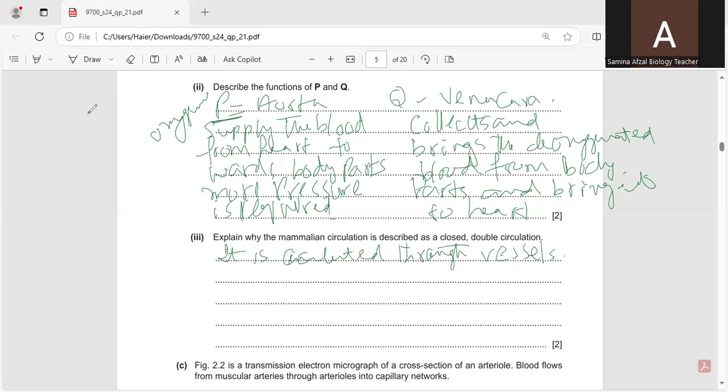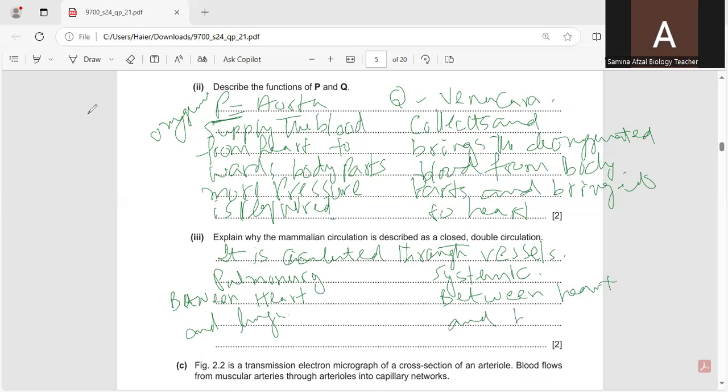So there are two circulations of blood in this way, pulmonary and systemic. Pulmonary is between heart and lungs, and systemic circulation is between heart and body.